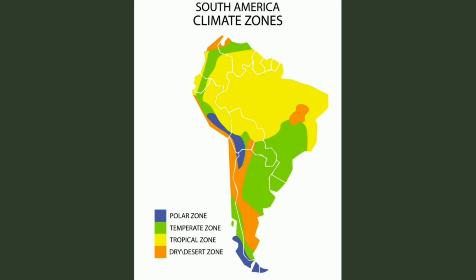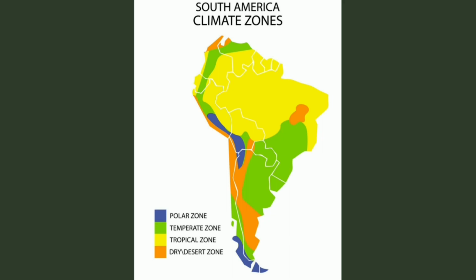So mostly we can see that the yellow is dominated mostly in the Brazil area, and it is a tropical zone. We can also see here the green color, which is the temperate zone, wherein the temperate climates have a greater temperature range and lower winter temperatures than tropical climates.